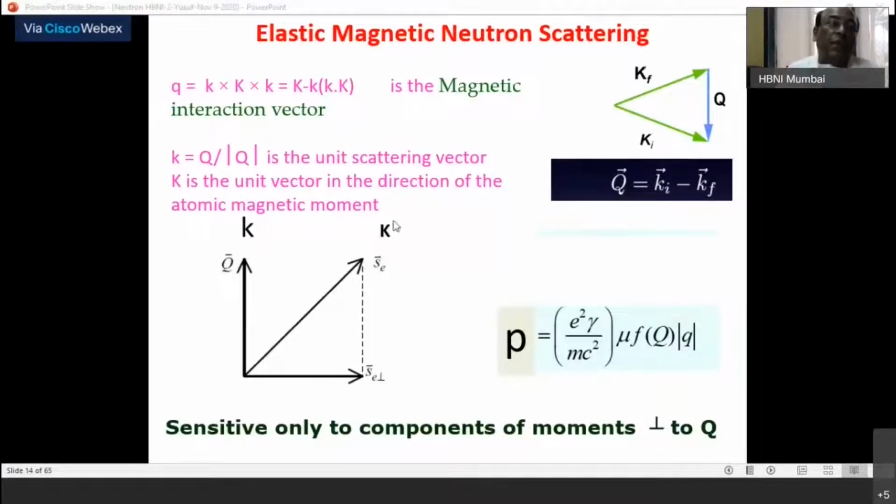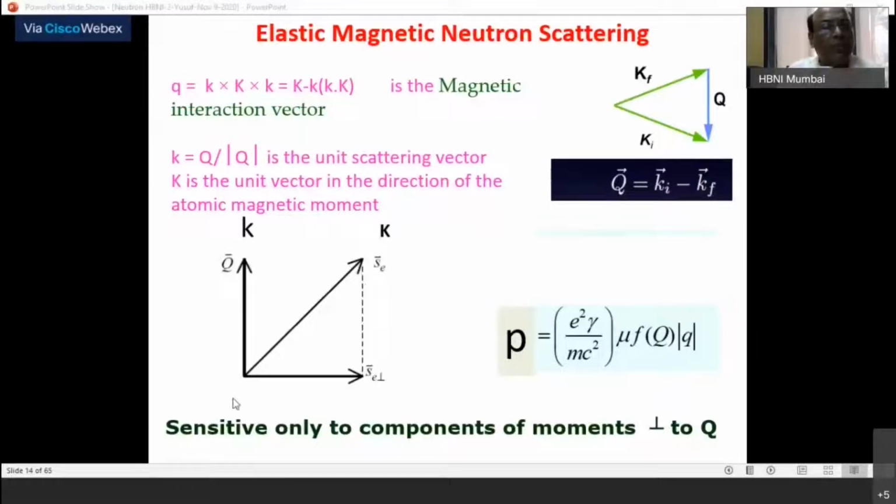This is small k, this is capital K, small k along the Q vector. Then this is a cross product, and it comes like this. You can do this little exercise; probably we can give how to do it, how to get it.